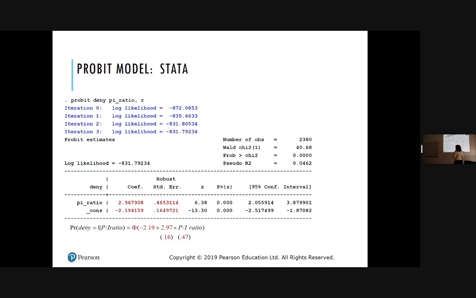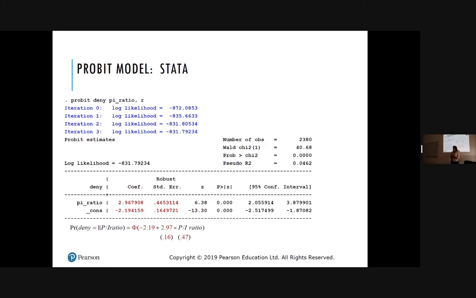But what is given like iteration 1, 2, 3? So that is the iteration. So basically, it starts a search for the highest value of the likelihood, or said in a different way, starts a search for the best estimates of beta 0 and beta 1, which maximize the likelihood.